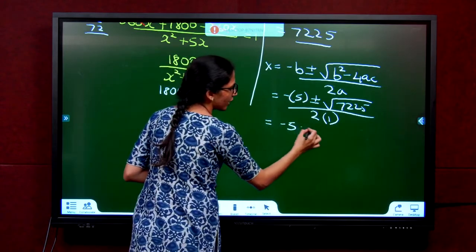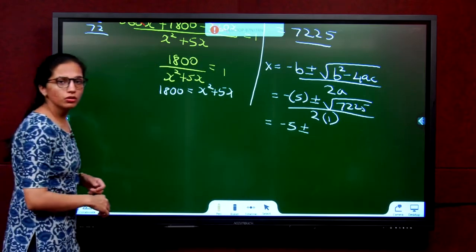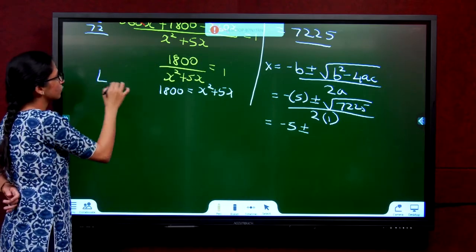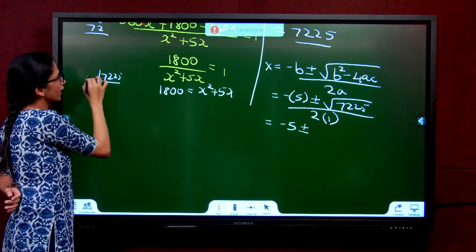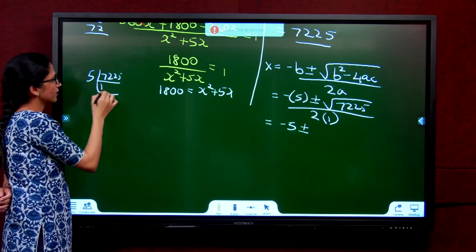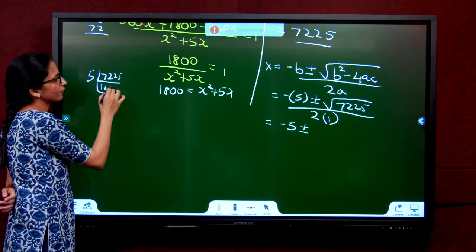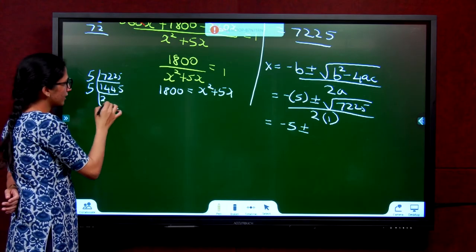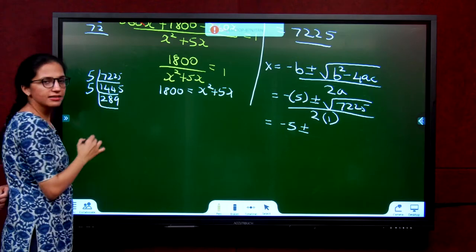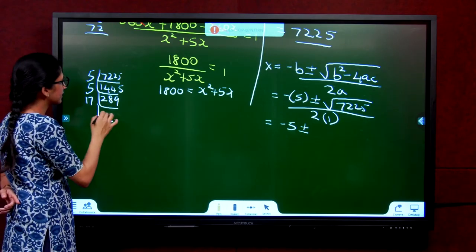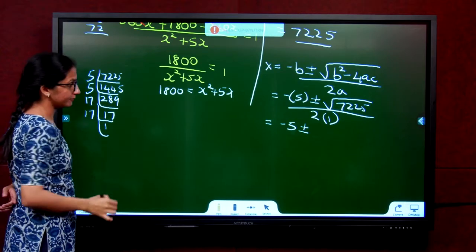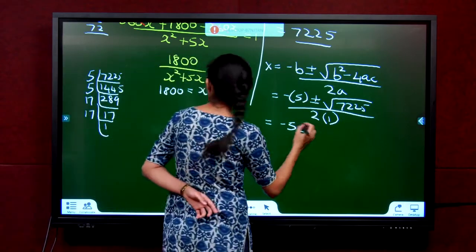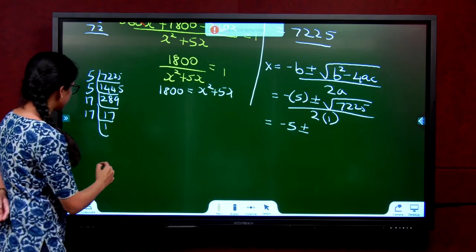So minus 5 plus or minus root of 7225. Do the prime factorization of 7225. 5 1s are 5, 5 4s are 20, 25. 5 2s are 10, 5 8s are 40, 45. 17, 17s are 289.